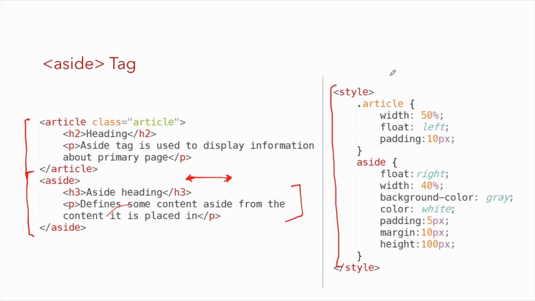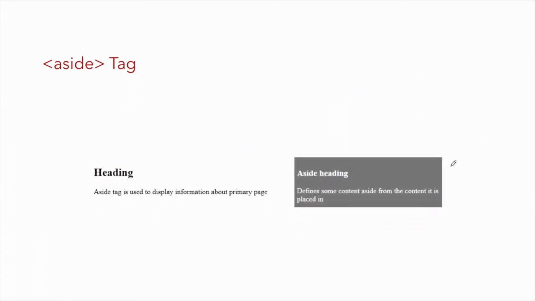We don't need to bother about this at the moment, but similar code can be written so that your aside tag can be displayed something like this. So this is how exactly your aside tag will look, and it is displaying like this because of the CSS code displayed on the previous page.